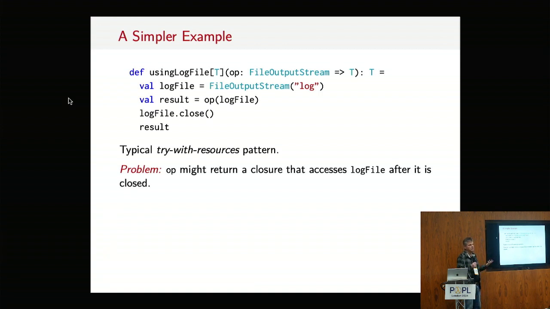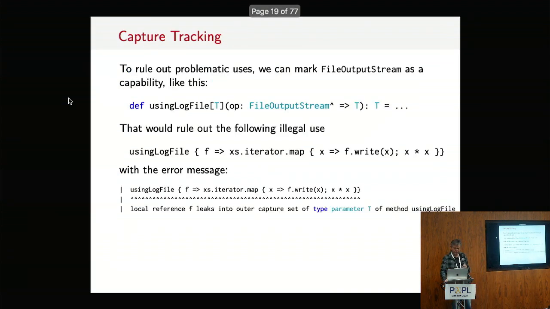That also suffers from the same problem. The operation here might return a closure that accesses the file when the closure is further applied later on. But at that point, the file would already be closed, and essentially that would be an error. To rule out these problematic cases, all we have to do is add this little hat behind the file output stream.